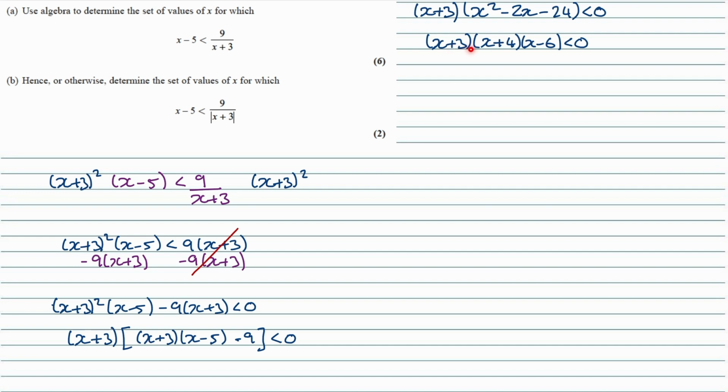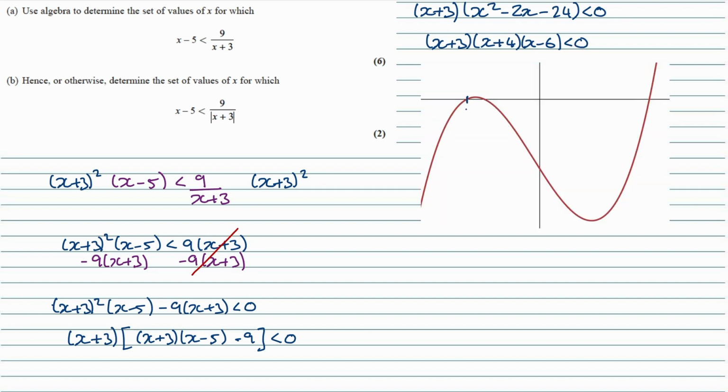And now we can sketch this cubic using these roots, and we'll identify where it falls below the x-axis. So the roots will be at negative 4, negative 3, and positive 6. Now we're looking at where the curve is below the x-axis because it has to be less than 0.